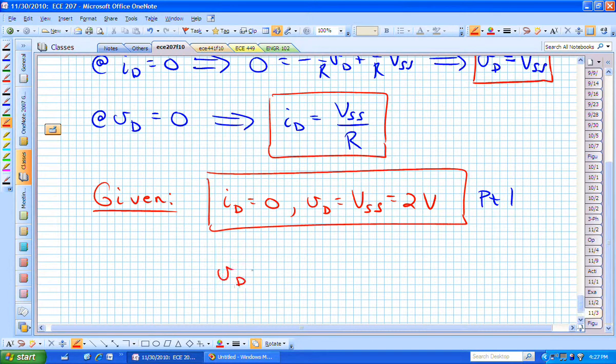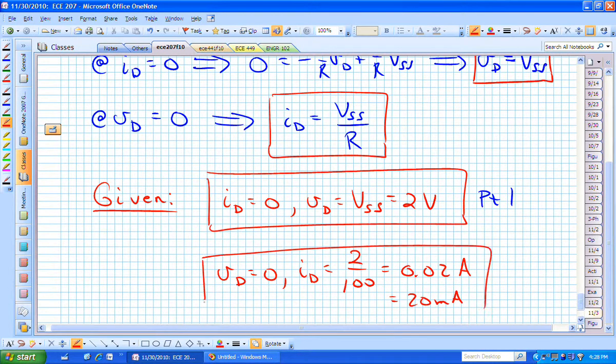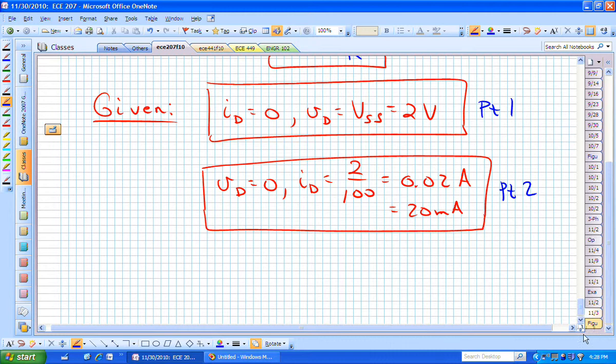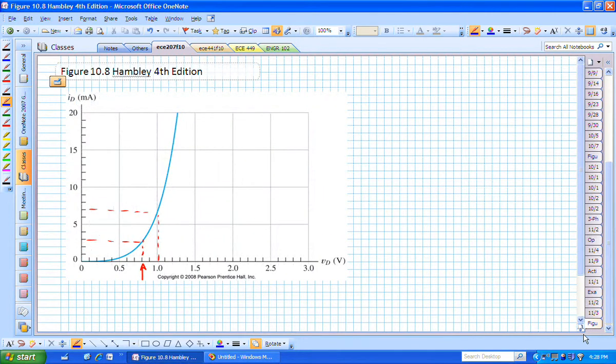So when V sub D is equal to 0, I sub D becomes 2 over 100, or 20 milliamps. And that's now 0.2. Which, if we go back here, what did I just say? We had 20 milliamps and 0 for V sub D.